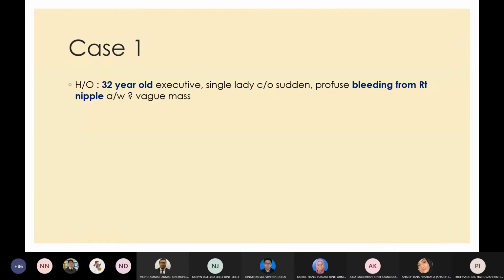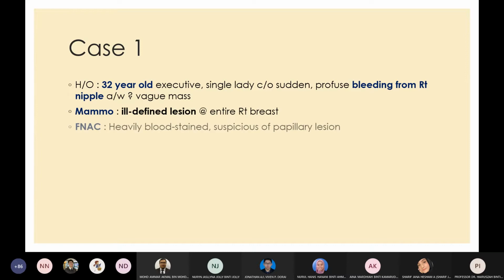So coming back to our first case, a youngish lady, 32 years old, presented with bleeding from the nipple without complaint of a mass. But on examination, the whole right breast had a lesion that was very vascular and bleeding.